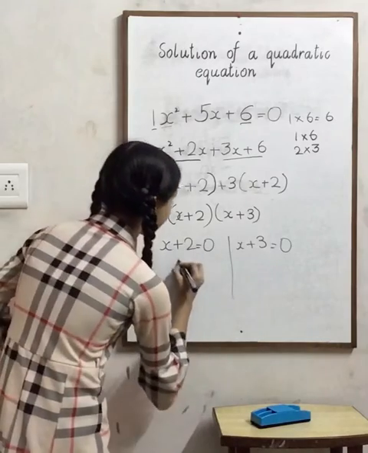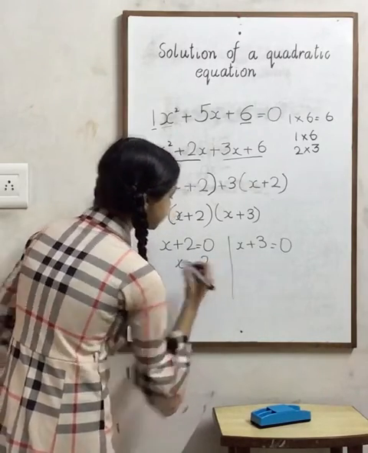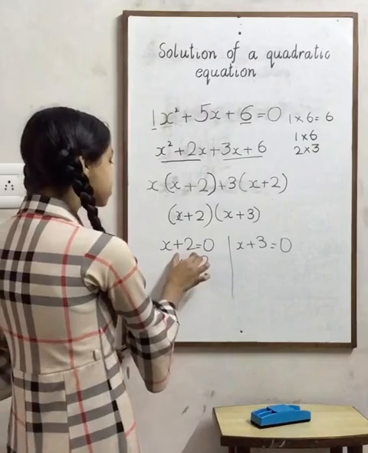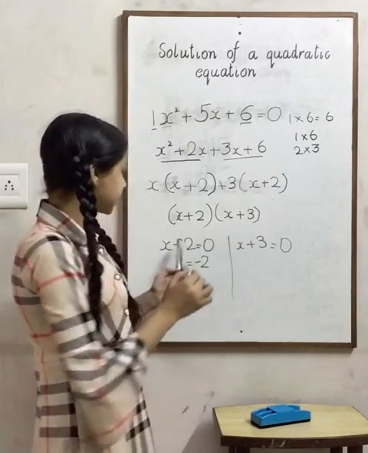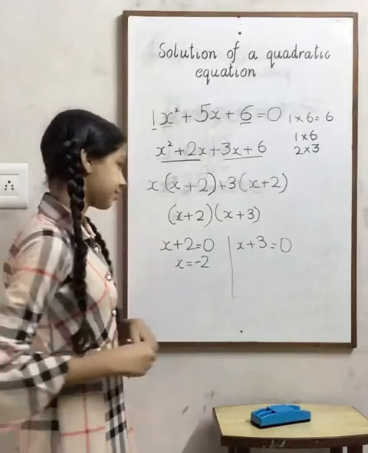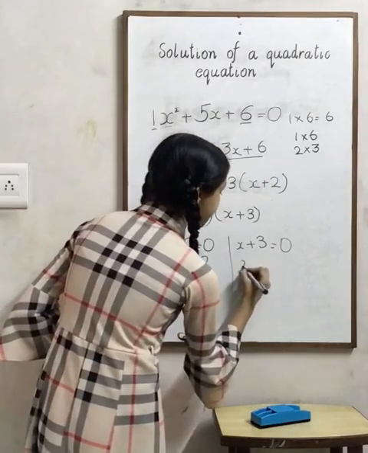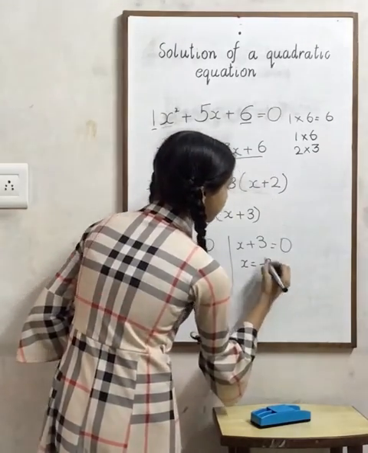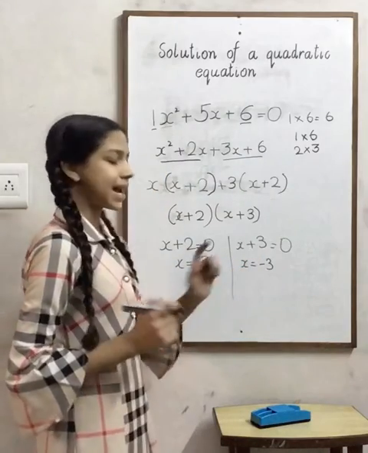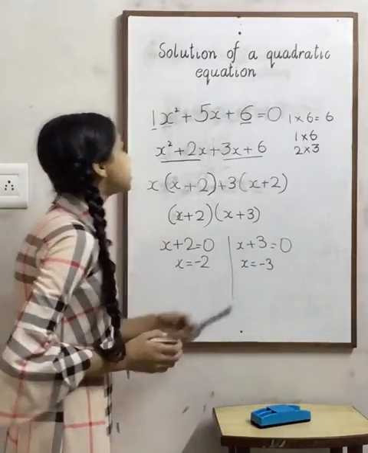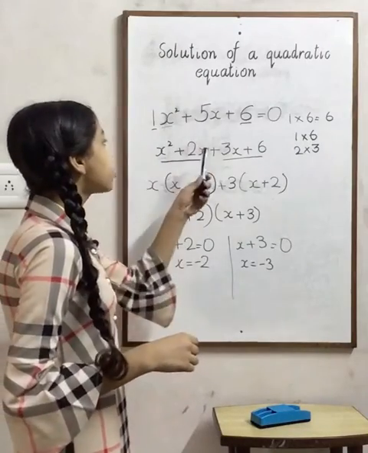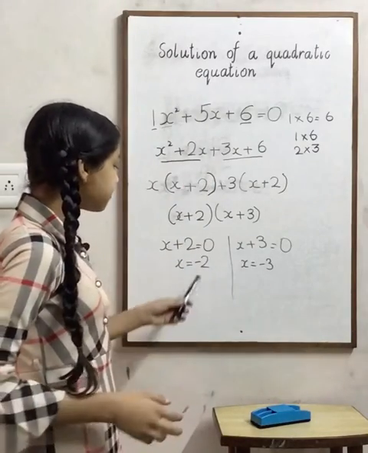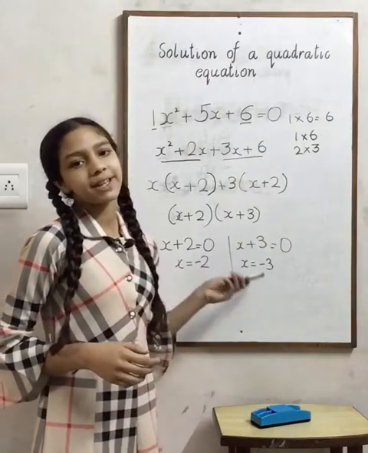So x here equals minus 2, because plus 2, while taking it from here to here, the plus will change to minus. And here x will be minus 3, because the plus sign will change to minus sign. And the solution of this quadratic equation can either be minus 2 or minus 3.